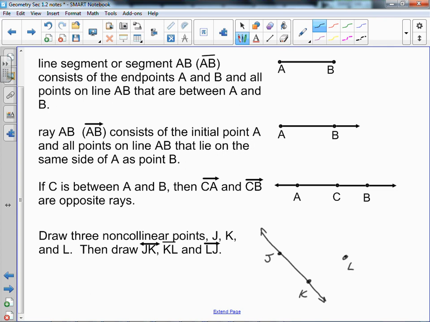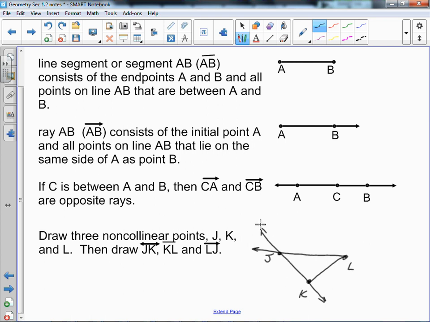Then segment KL, that means we're going to connect point K and point L. All right, so K and L connected with a segment, so just the points connected by a segment in between them. And then we got ray LJ, so L is the first letter, so that's the initial point, and the arrow is going to go through J, so something like that.